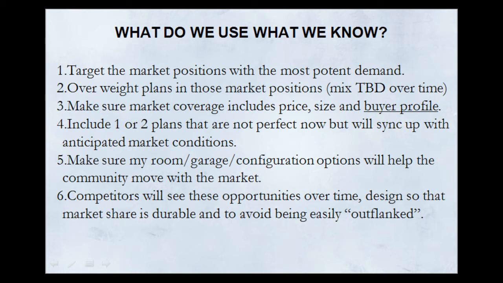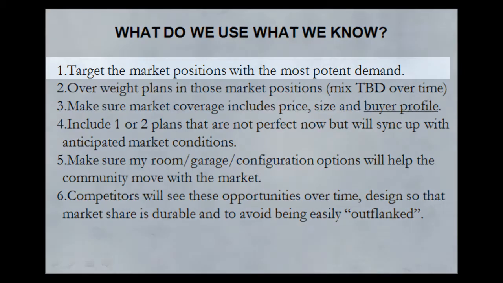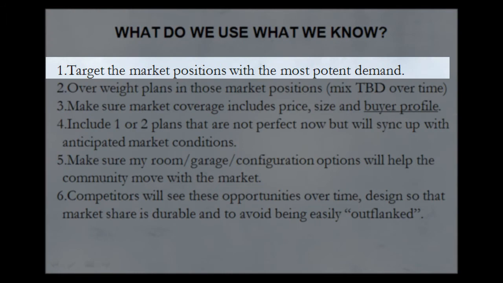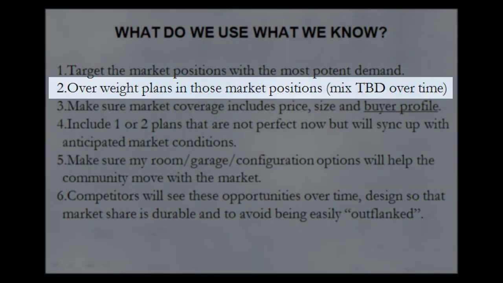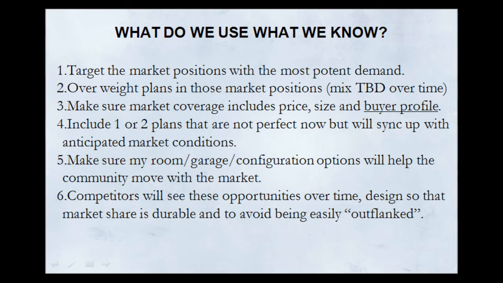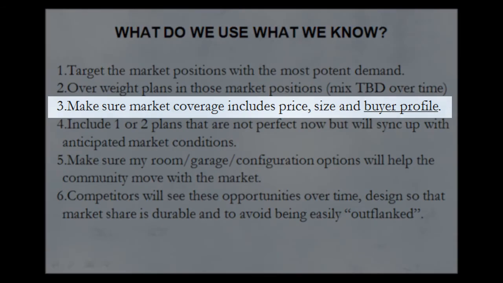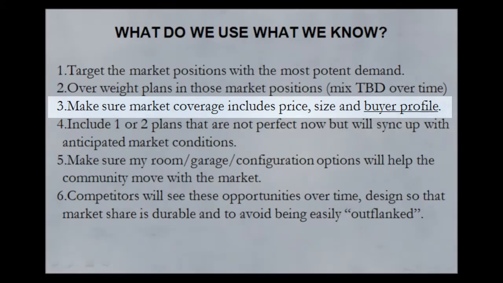So how do we use what we know? We're going to target these market positions with the most potent demand by overweighting the smaller and more affordable house. We can adjust the mix over time to compensate for changing market conditions, but initially we want to get the right houses on the ground by including in our coverage the right price and size that we've talked about, but also buyer profile.